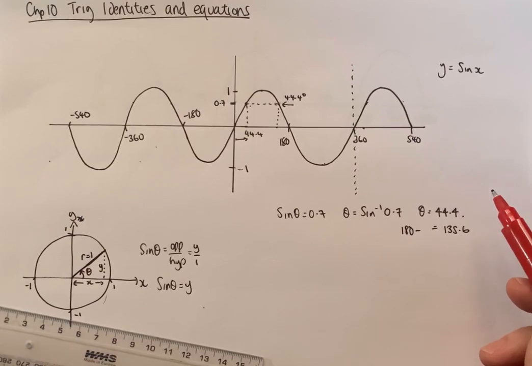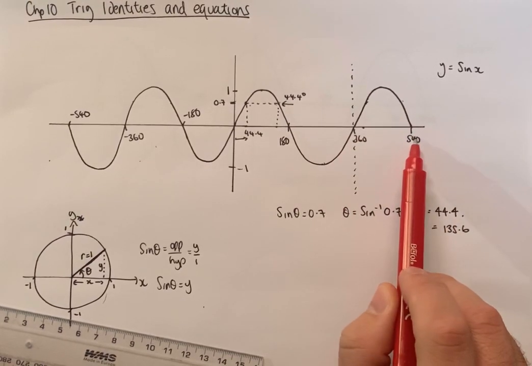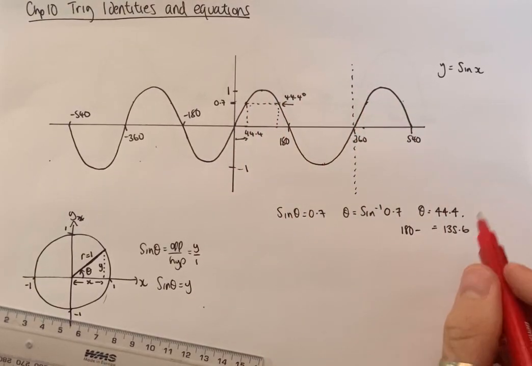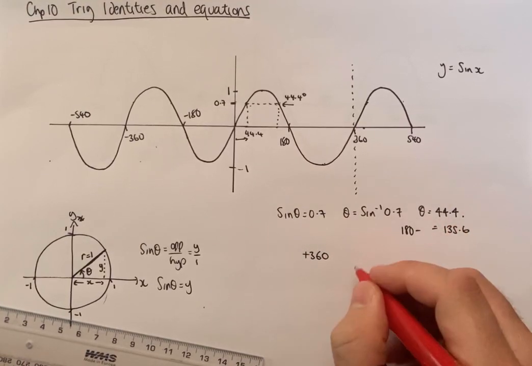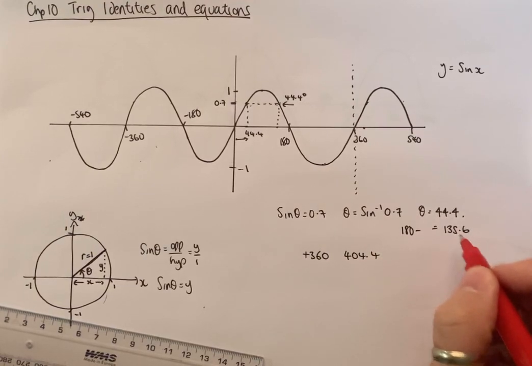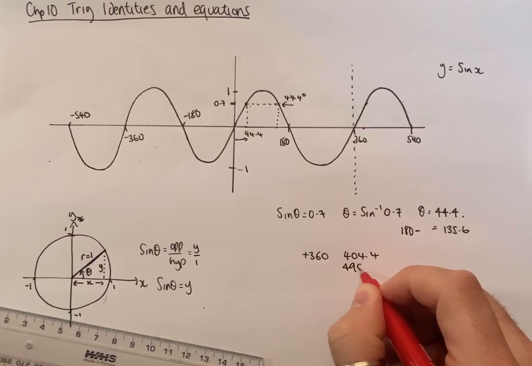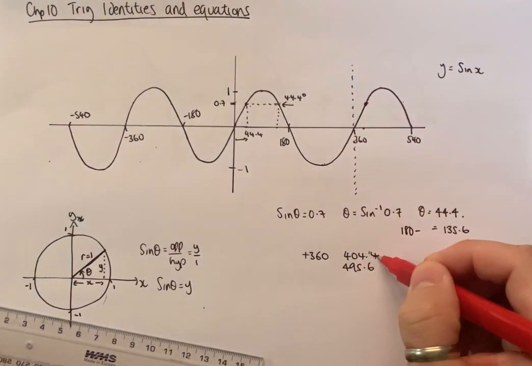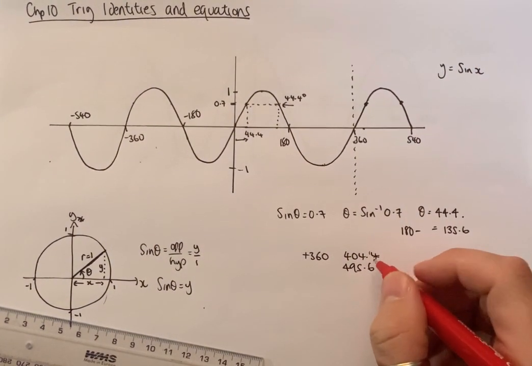But if you've got a different domain, say you wanted to work out what angles work between 360 and 540, then all you do is add 360 to these two angles. So plus 360 to this one is going to be 404.4, plus 360 onto this one is going to be 495.6.